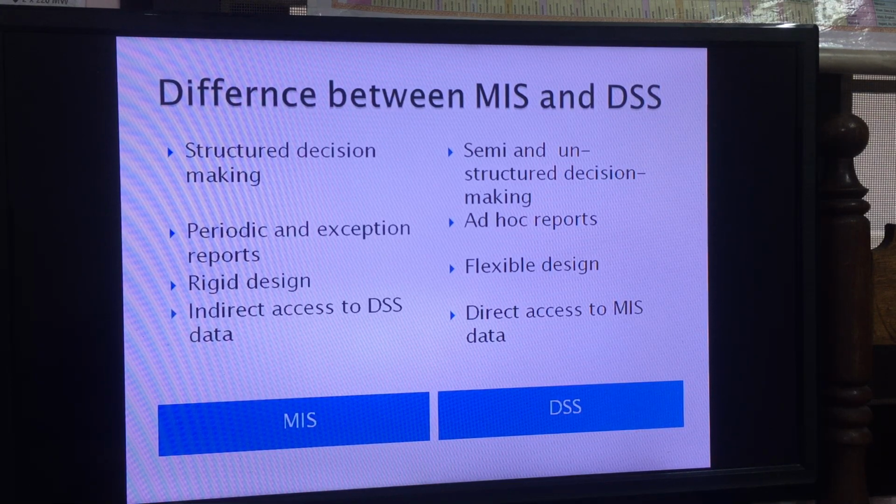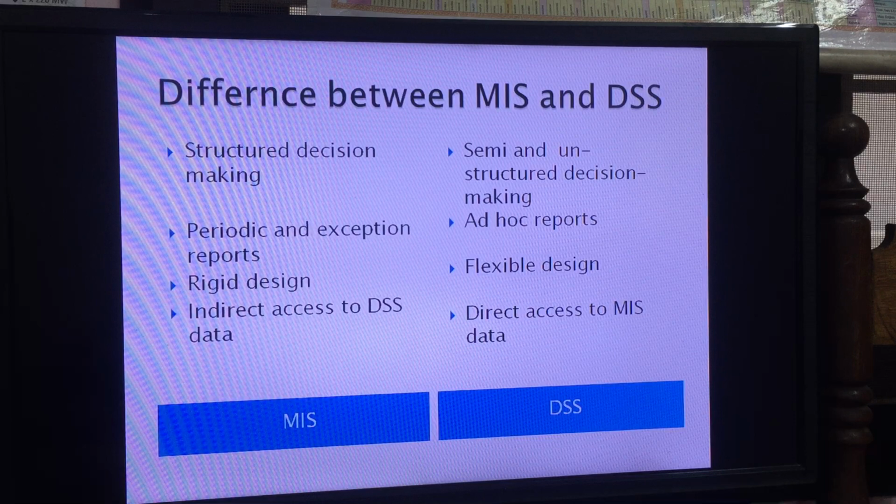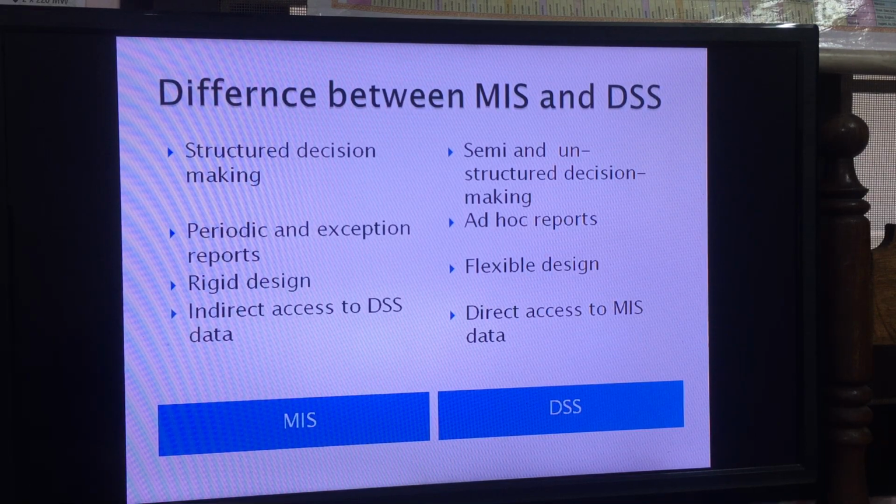In MIS, periodic updates of information are seen because decisions are continuous in nature. For example, employee performance appraisal and promotion decisions, like when he should be promoted and when a hike should be given to him, are taken with the help of management information system.